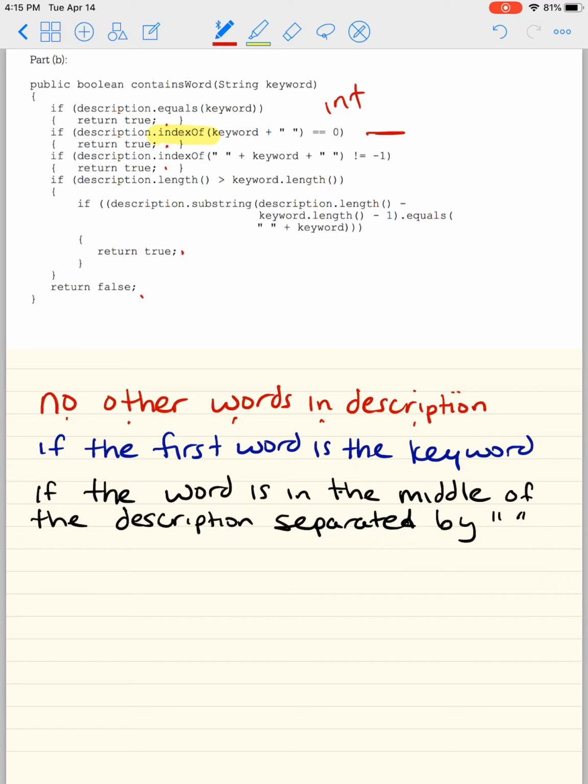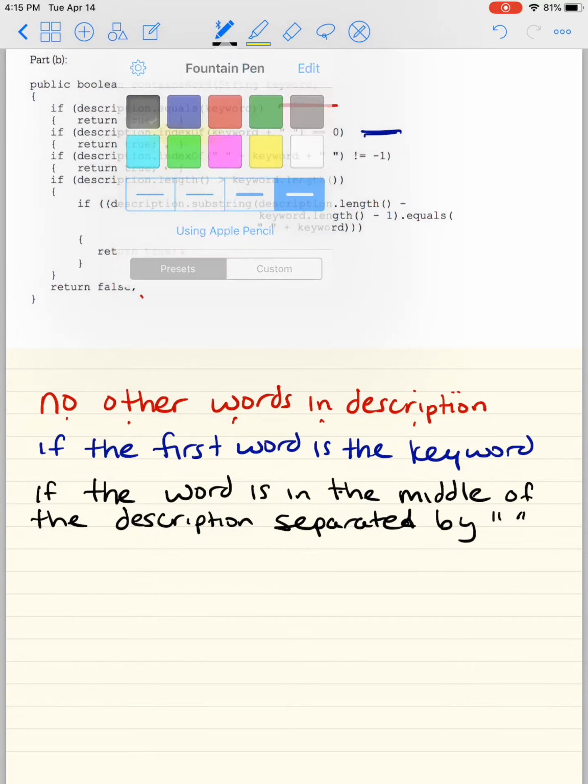So if it's at index 0, that means it's in the beginning. So it says description.index of keyword plus a space equals 0. So you guys can keep up with the color, this guy is for the red and this guy is for the blue.